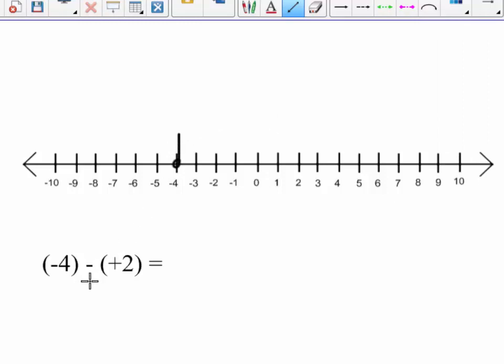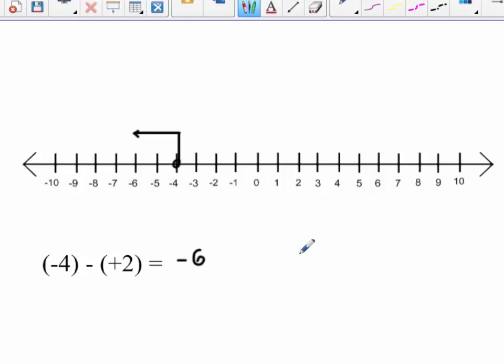I'm subtracting, so I have to go in the opposite direction. Usually with addition we go to the right when it's a positive integer, so usually it's right 2 steps, but here, because I'm talking about subtraction, I'm going to move left 2 steps, 1 and 2, and my arrow is here at -6.